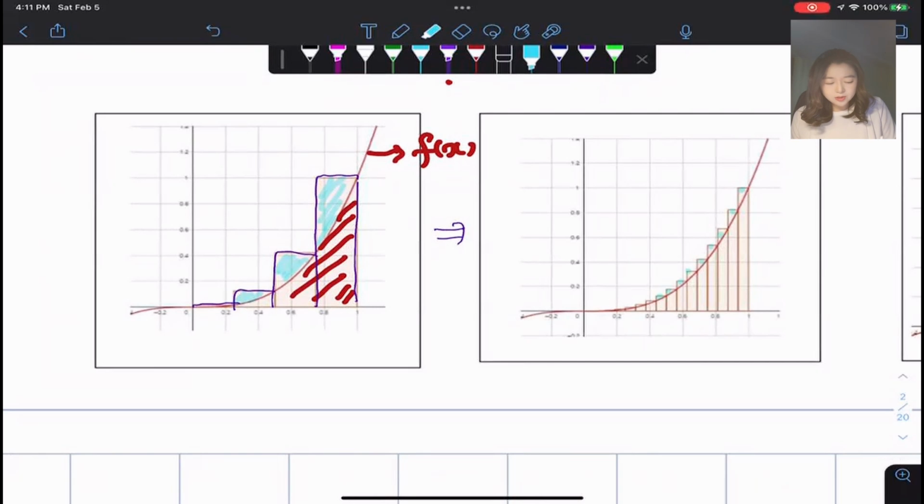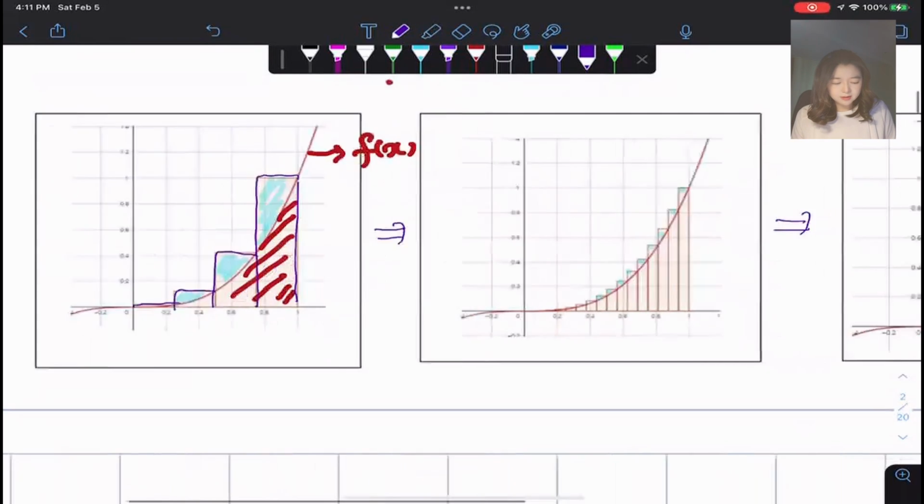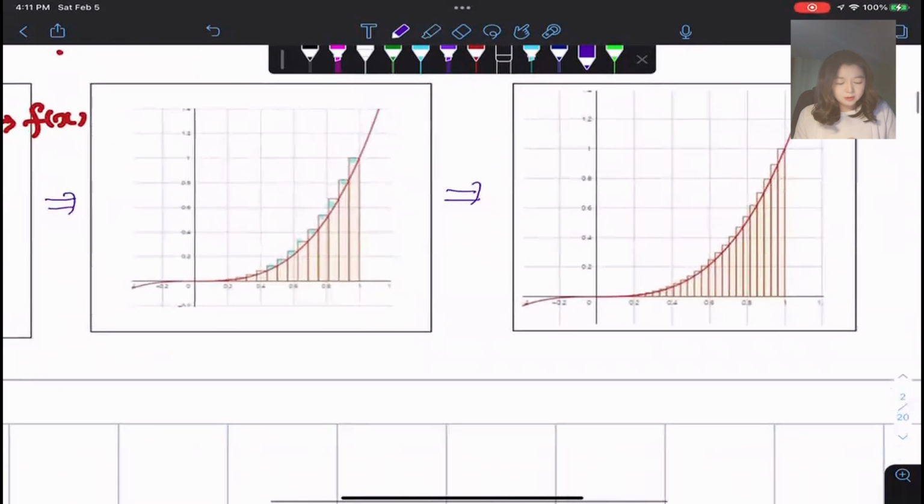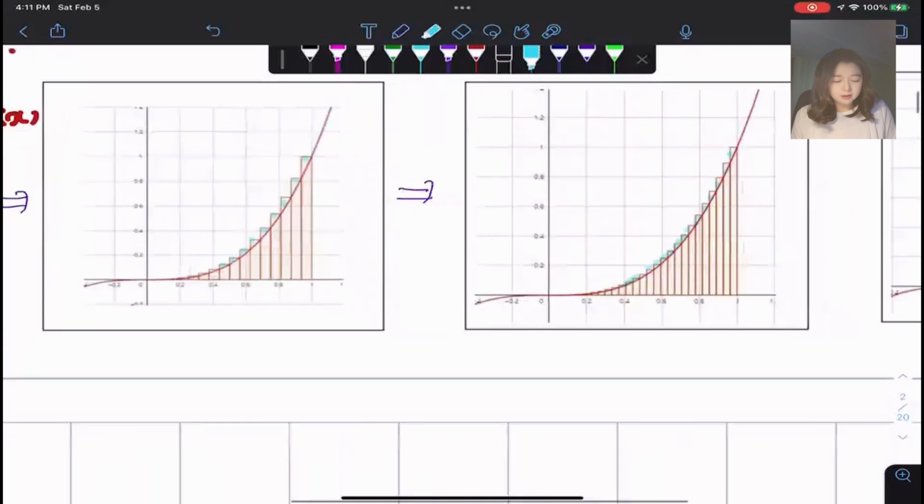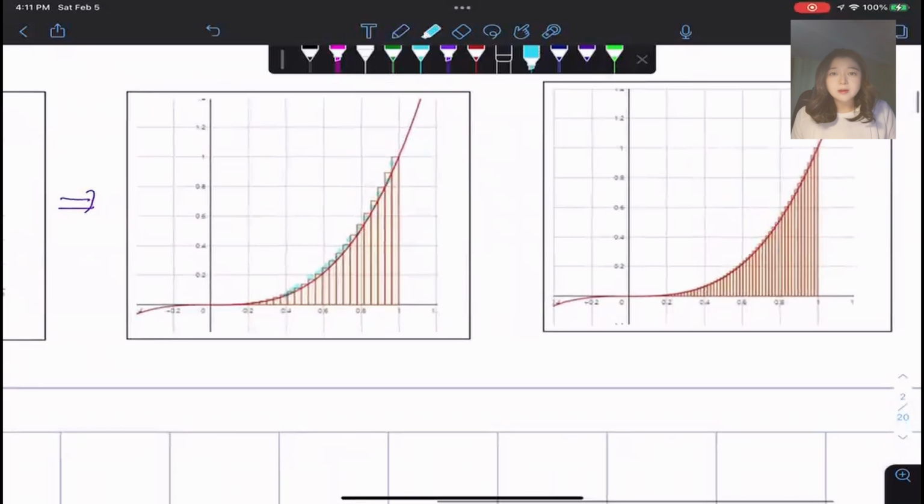So the genius mathematicians cut repeatedly. As they cut repeatedly, the difference decreases. Consequently, the genius mathematicians cut infinitely.